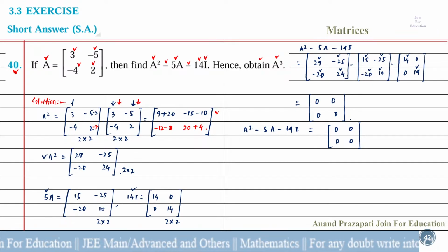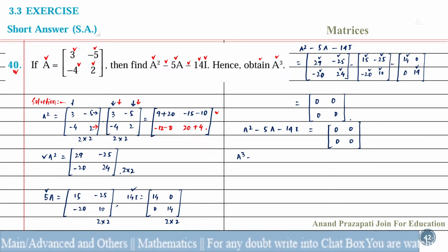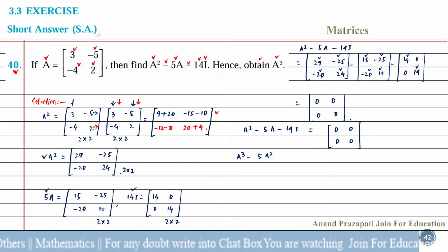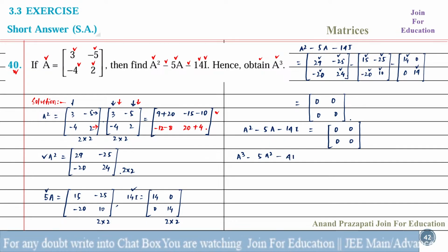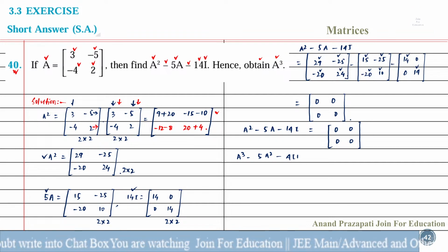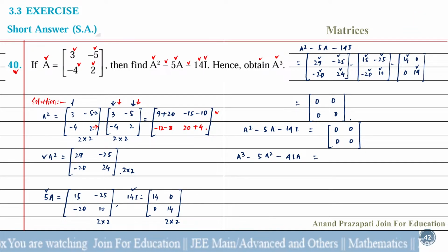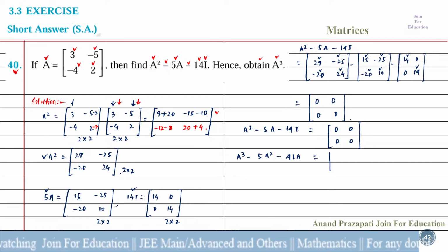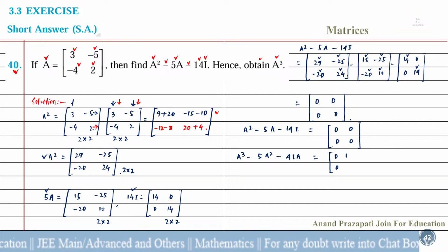Multiplying both side by a, then we get here a cube minus 5a square minus 14 into I into a equal to a into 0 equal to 0 0 0 0.